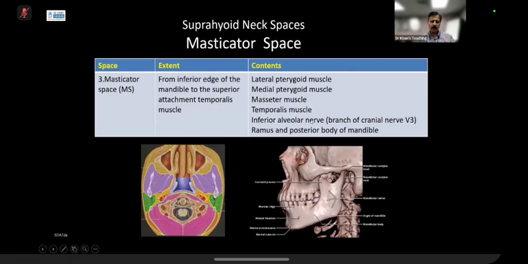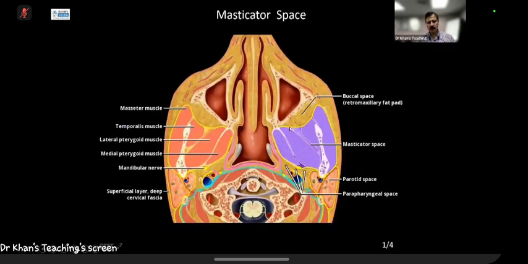And of course, there are some nerves. And as far as mandible is concerned, the ramus and the posterior body of mandible. So this is the mandible, and this is the body, and this is the ramus. So all of this will be included, and a few of the molars will be included in the masticator space.